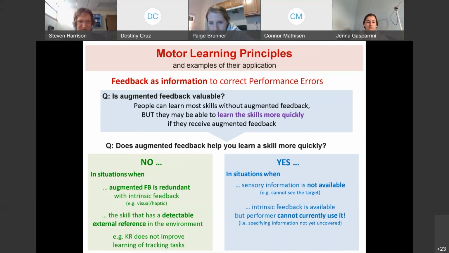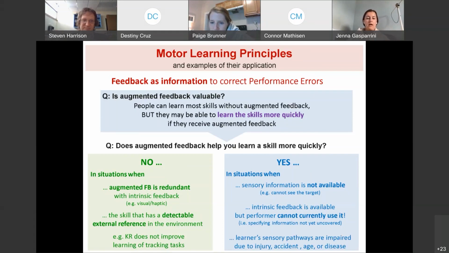So then, getting to the point I was making at the bottom, there are going to be cases where intrinsic feedback is available, but the learner hasn't got to a stage where they can effectively use it. You can see or feel how you're moving with respect to a particular goal, but you haven't learned to effectively interpret that information to tell whether you're performing the action effectively or not.